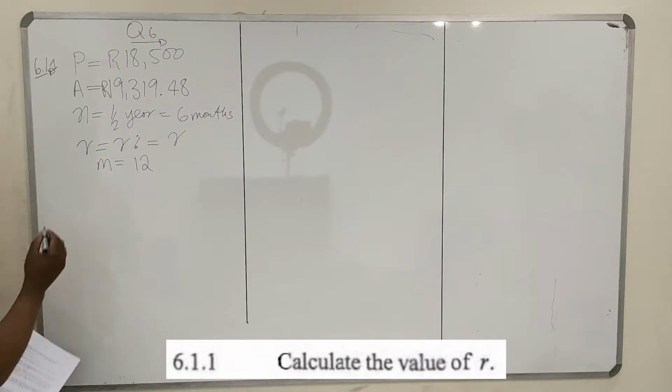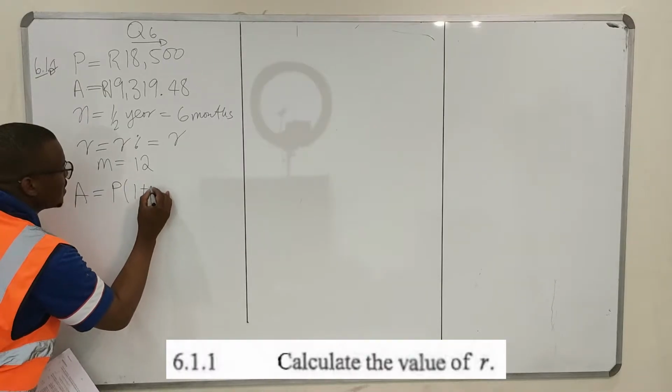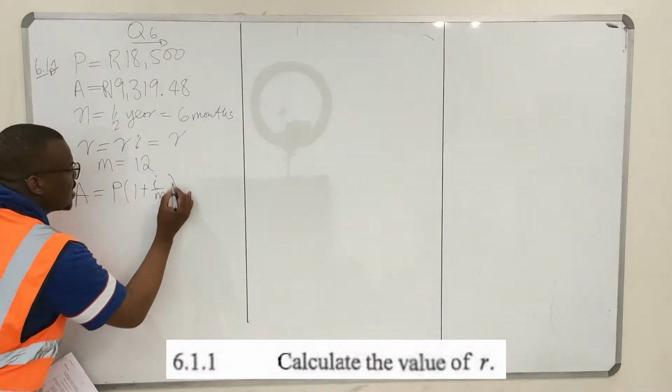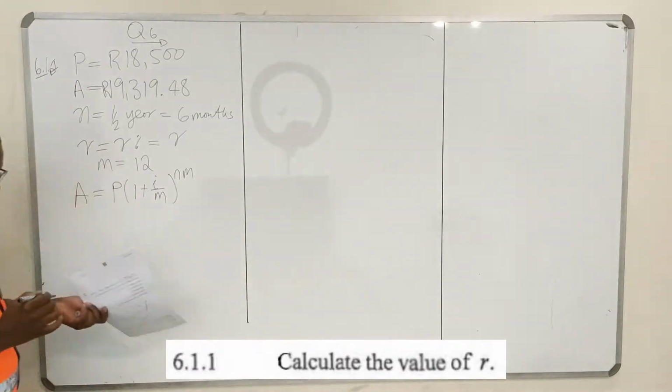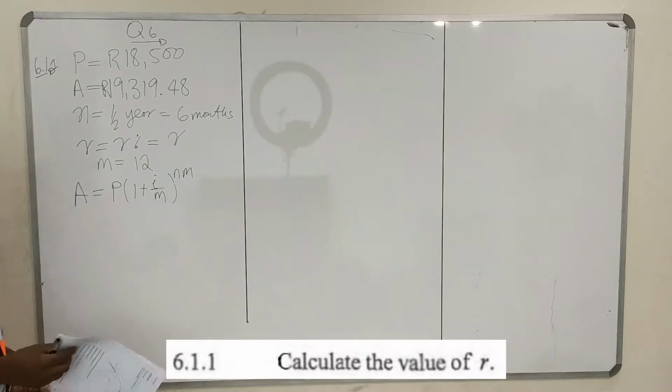So you know that A is equal to P(1 + i/m) raised to nm, where n is the number of years and m is your compounding periods, right?